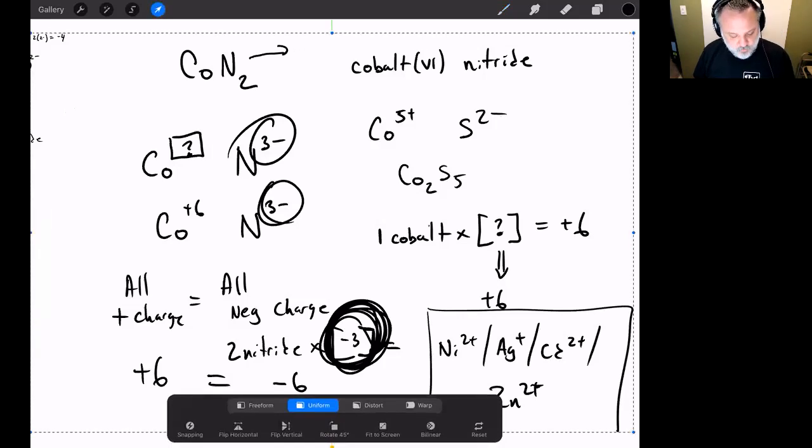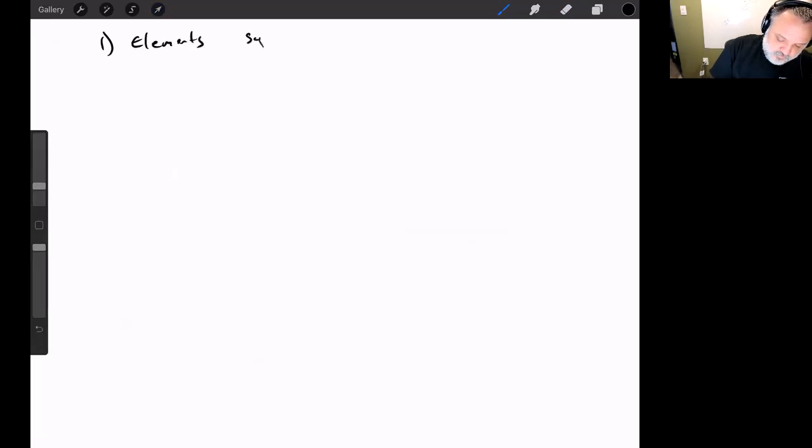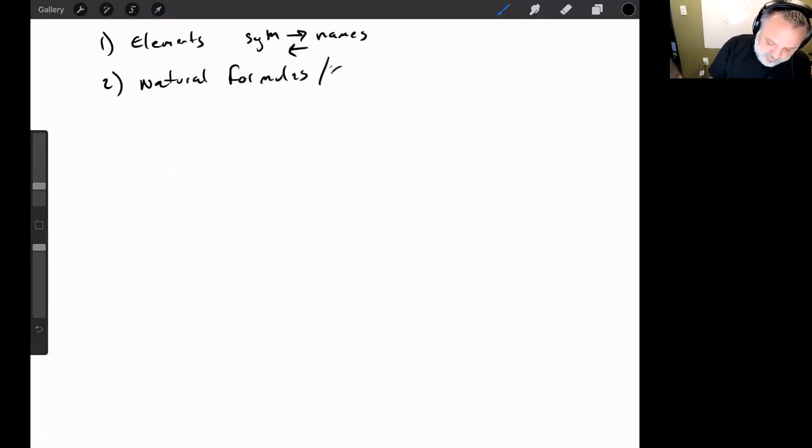All right, so what I want to do is pause a beat there. Let's recall everything we've done with nomenclature. We've done elements, symbols to names, and vice versa. We've done natural formulas and states of elements.